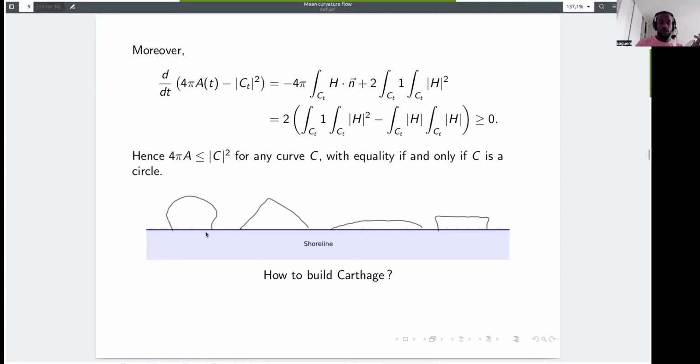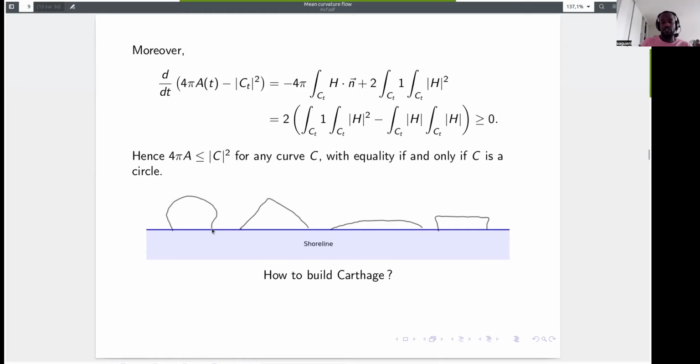So we have all these possibilities. We can put the rope this way and we build Carthage in this way. We can build Carthage this way, and this way, but none of them is the best option. None of them satisfies the largest area, because by the isoperimetric inequality, the shape that has the largest area is a half circle.